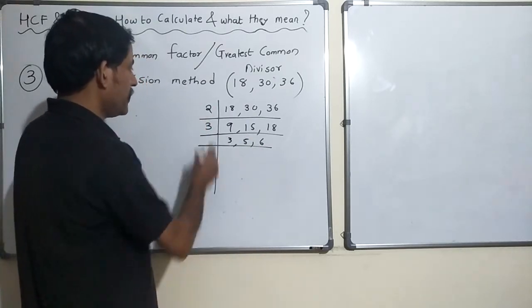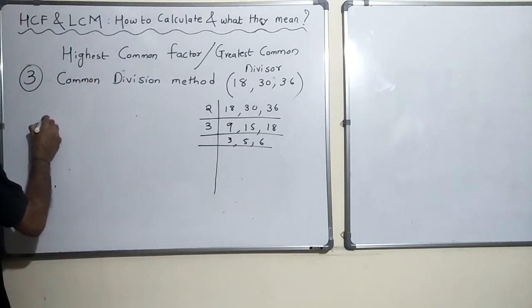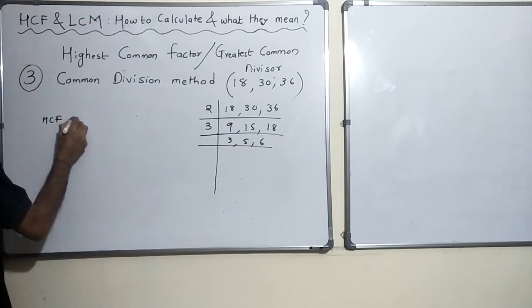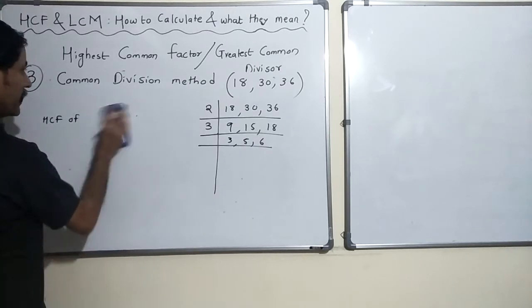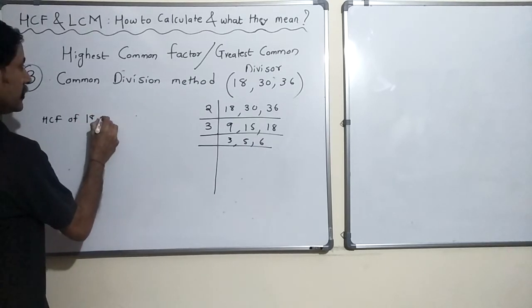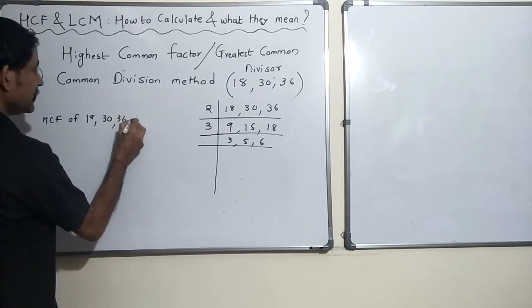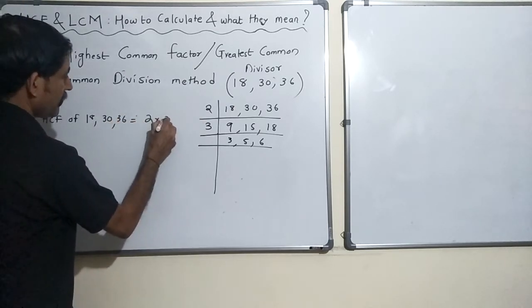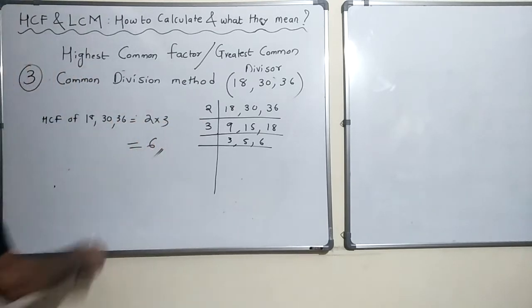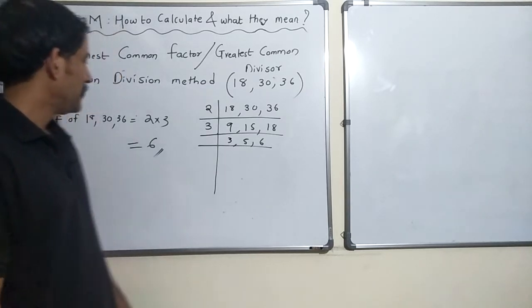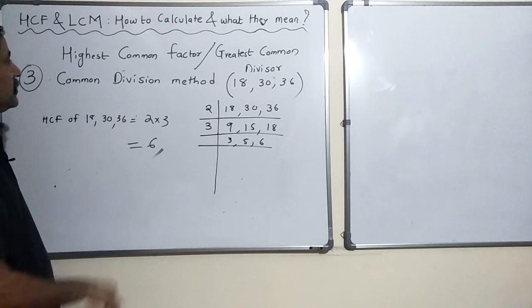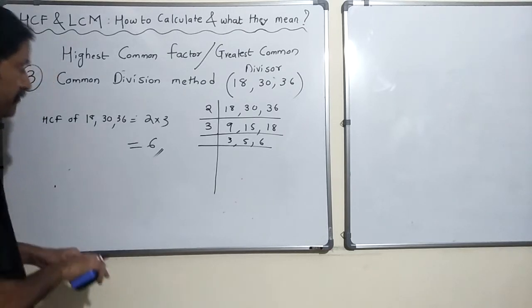So we stop here, and the HCF of 18, 30 and 36 is 2 into 3, which is equal to 6. So that was pretty simple, right? So this is the common division method.